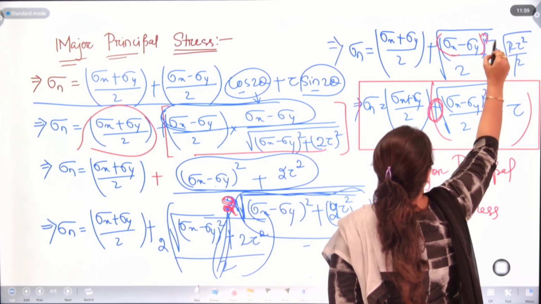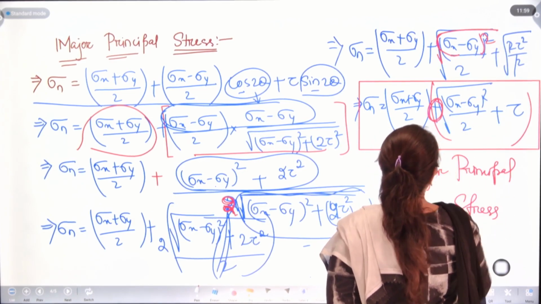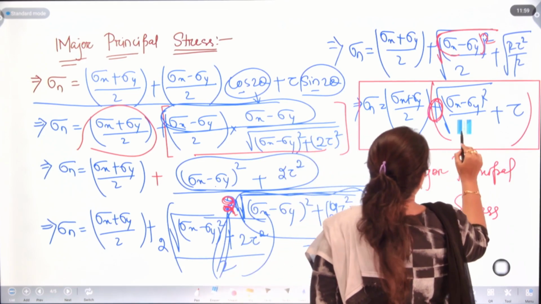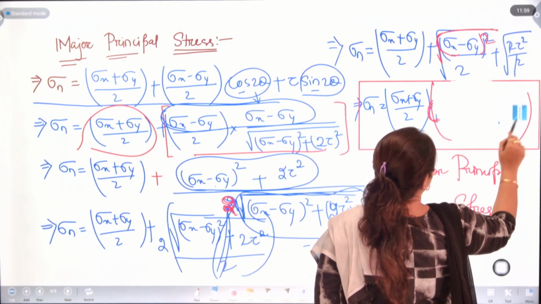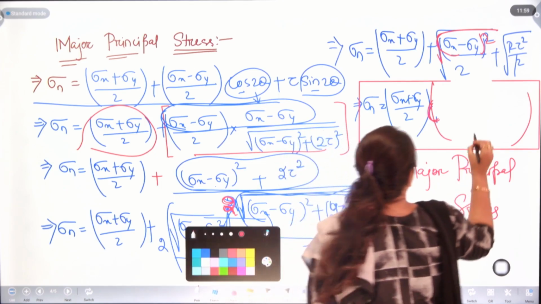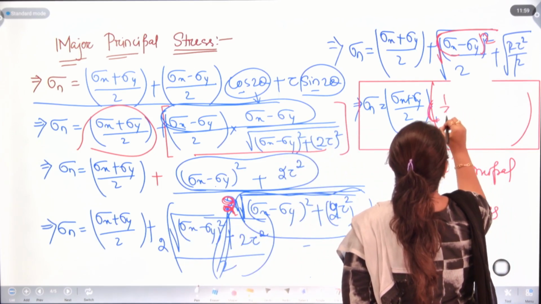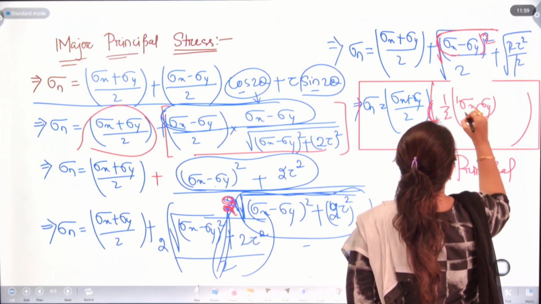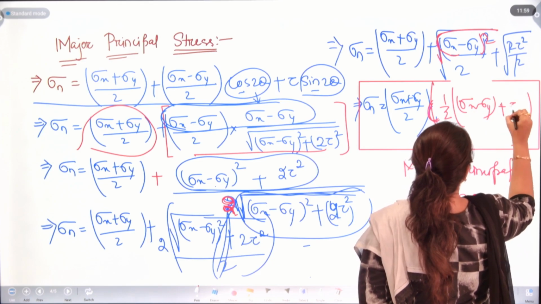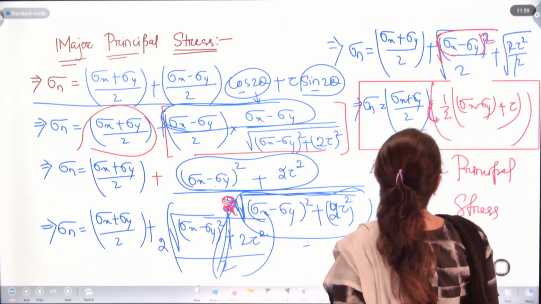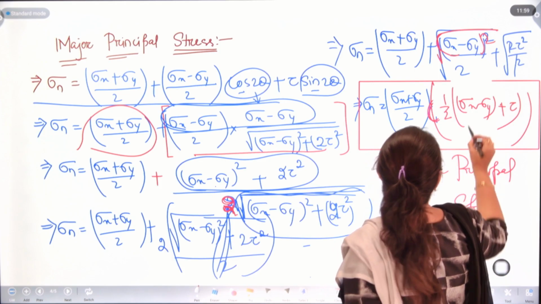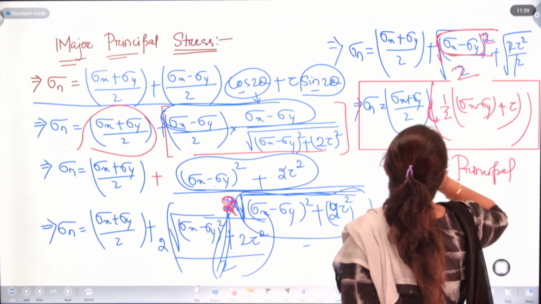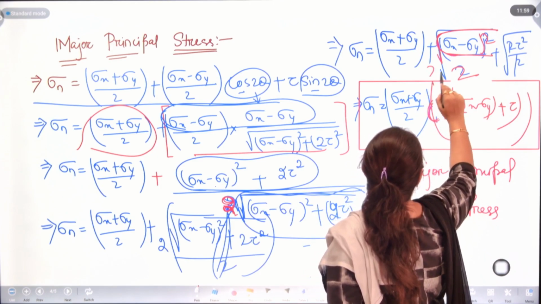There is a square of root over. So, let us just change a little bit here, that we will take 1 by 2 sigma x minus sigma y plus tau. These two will be beside here.